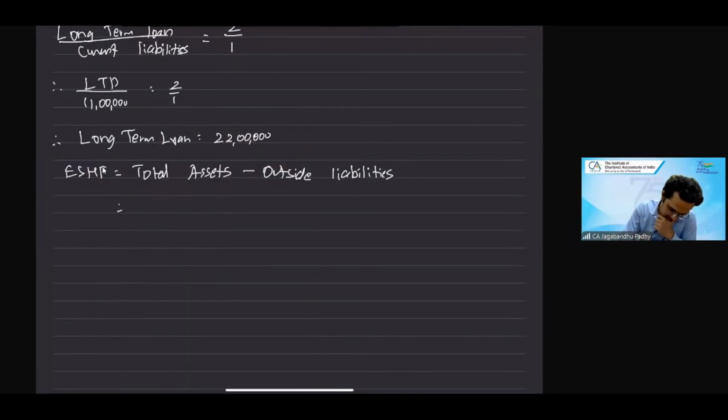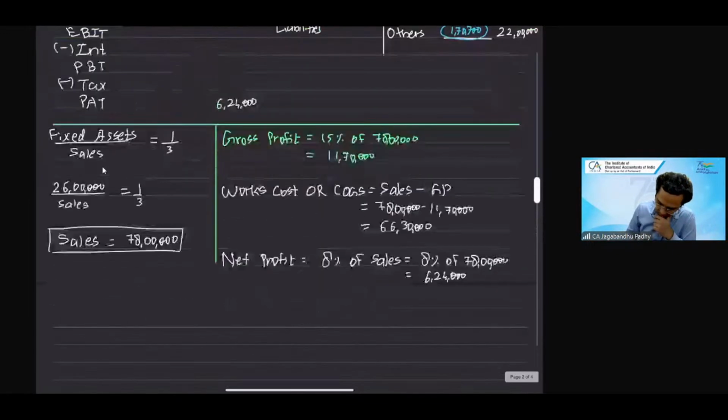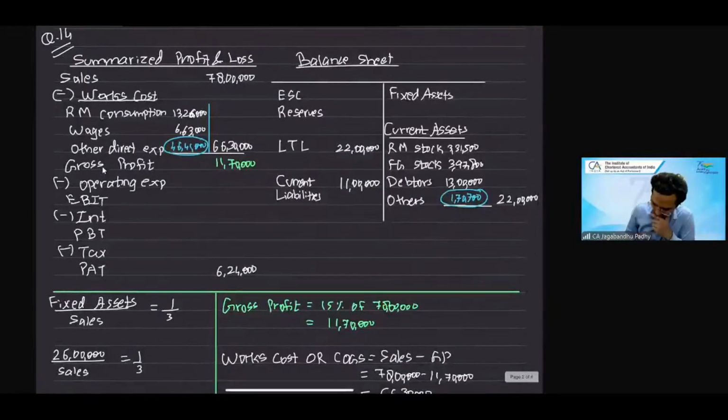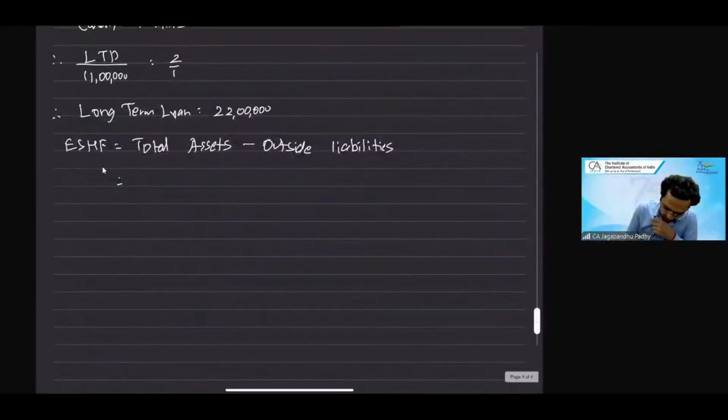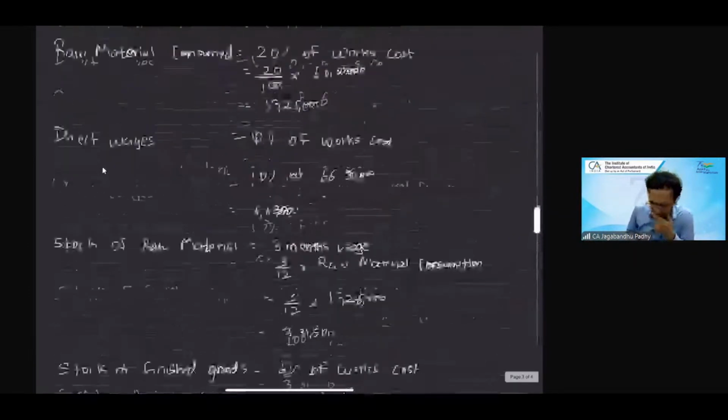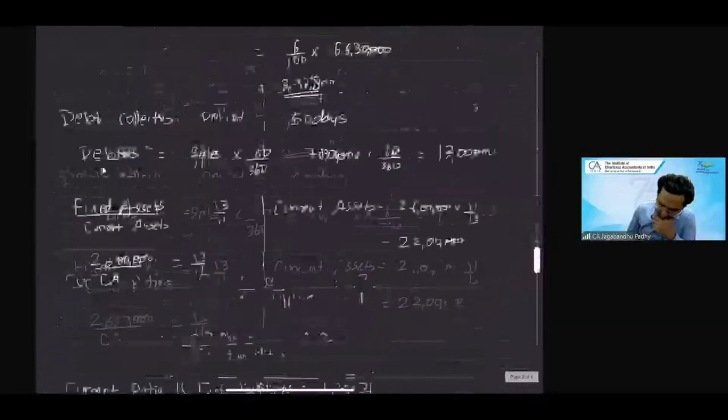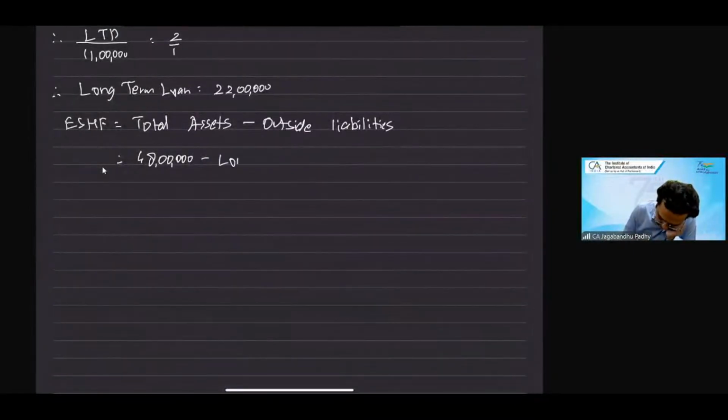Total assets is 48 lakh. Fixed asset is 26 lakh. So total assets is 48 lakhs. Minus outside liabilities, which comprise two things: one is long-term debt and the other is current liabilities.